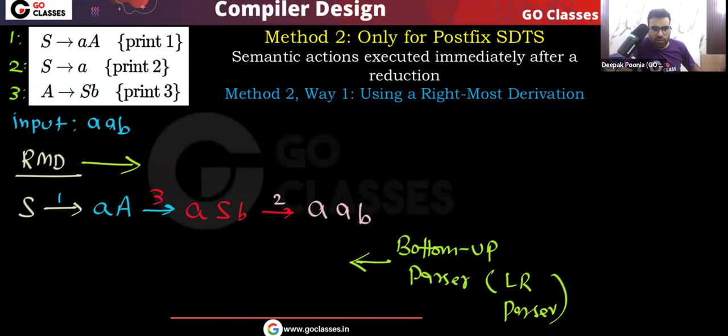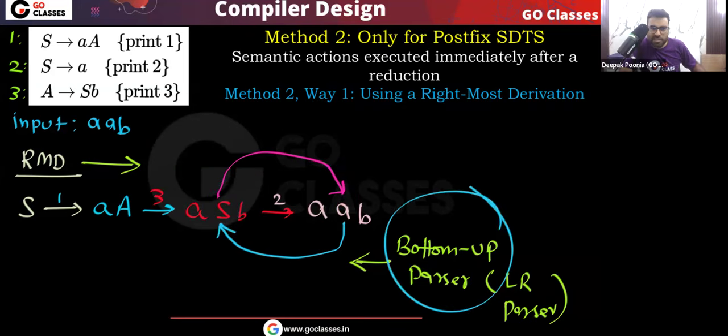So you can see what this bottom-up parser will do. The rightmost derivation is doing this: S is going to A. So the bottom-up parser will reduce this A to S, means it will replace this A with S. Remember, here the bottom-up parser is applying this production in the reverse order.